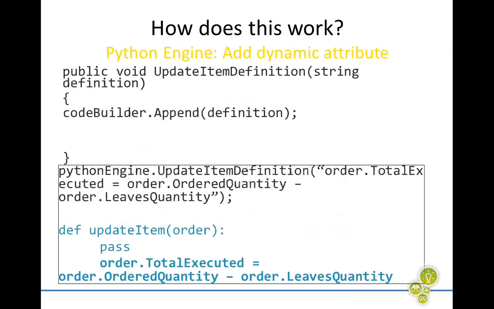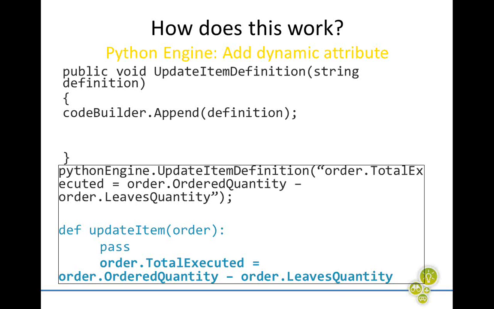So what you see here is, as I said, I have functions within the Python engine which allow me to update that string variable, and so this is the kind of formula that the user would have typed in: order dot executed quantity is equal to order dot total quantity minus leaves quantity, which basically means calculate this field based on this formula.